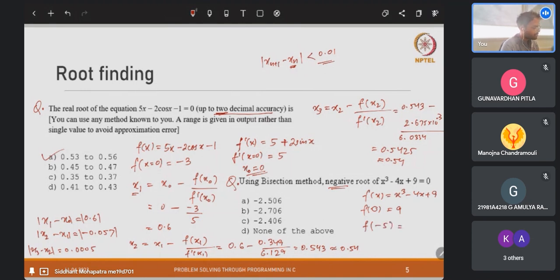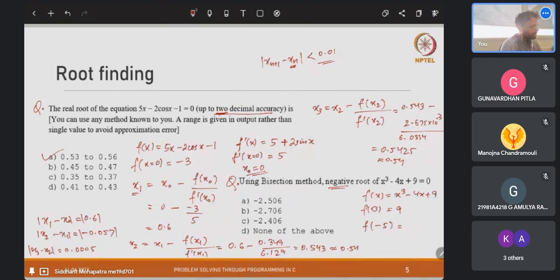Let me check: minus 2 to the power 3 minus 4 into minus 2 plus 9, so you still get 9.